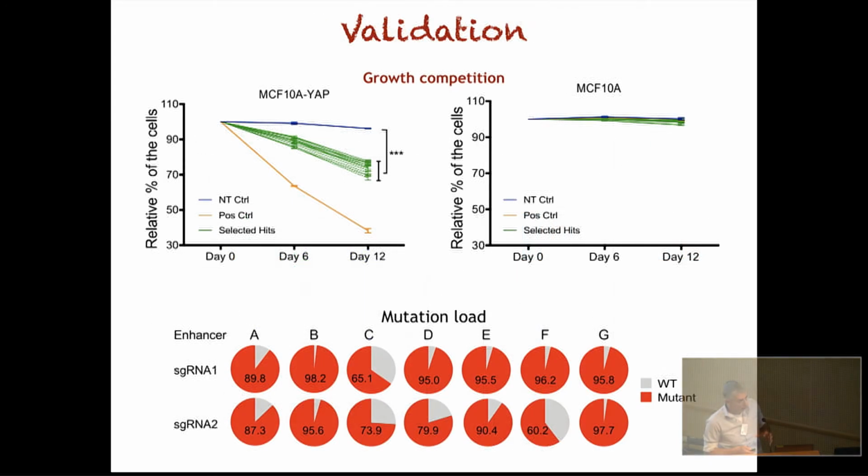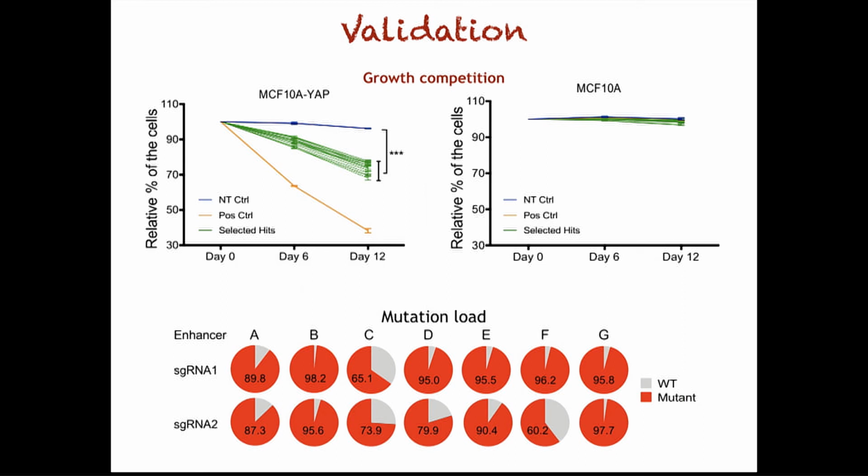What is their effect on cell proliferation? Now we created polyclonal populations of single guide RNAs, and we examined first their mutation rate. You can see here in these polyclonal populations, we have from 95% to maybe the lowest 65% mutation rate in those enhancer regions.